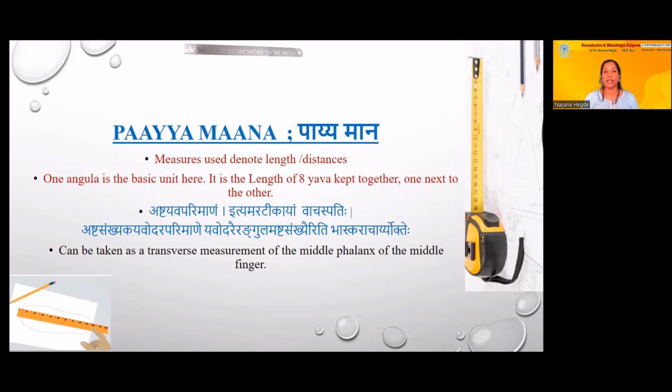It means one angula is the distance or the length of 8 yava which are kept together one next to the other.